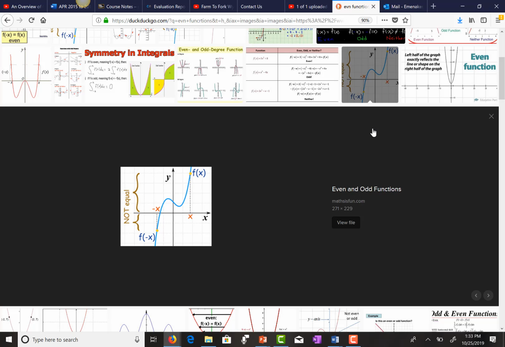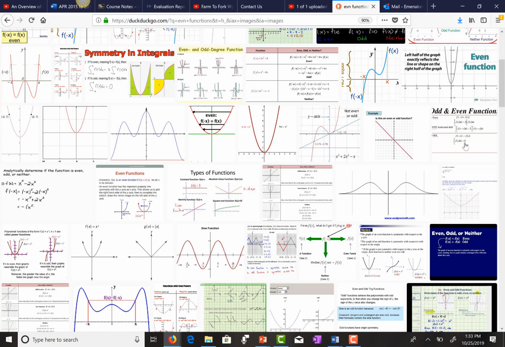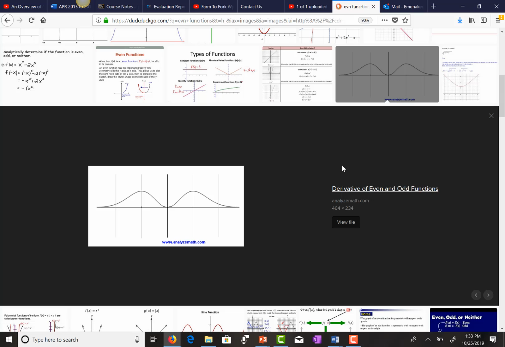Oh, rats. So we can't put that one on a nail. It's not even, it's not odd, it's neither. It has some of the looks of an odd function, but it is not in the location that it would need to be. Hey, what's this? Even or odd? That's an even function. Okay.